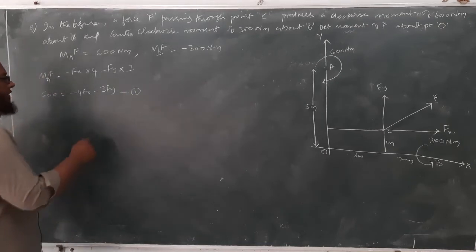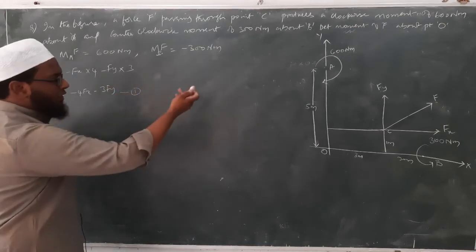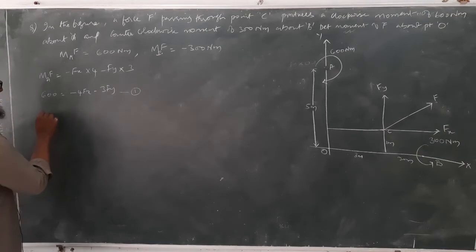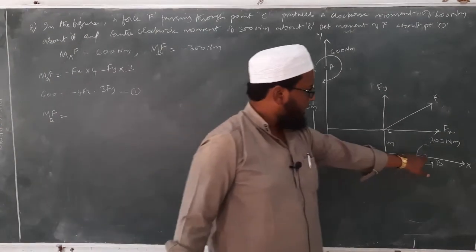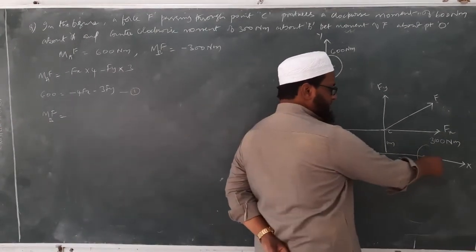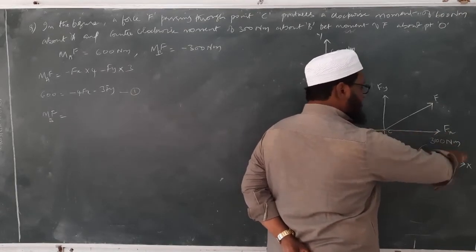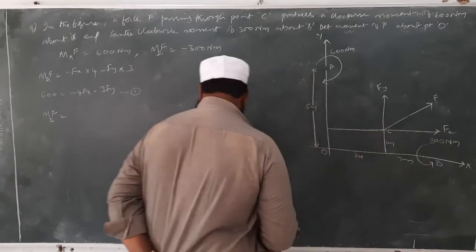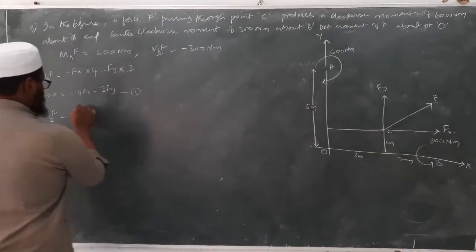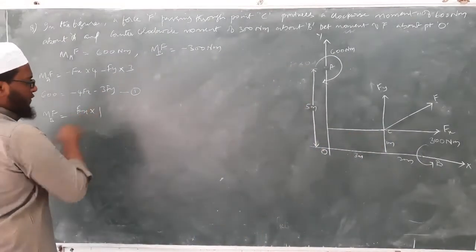Now I can move towards the next point, that is moment of F about point B. Fx is going in clockwise direction, so force into perpendicular distance, that is Fx into 1.